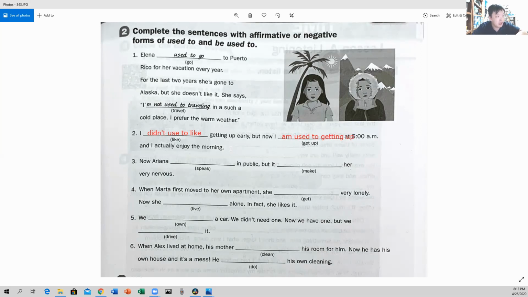Now, Ariana speak in public, but it make her very nervous. So because this is something that she's accustomed to, the right answer is Ariana.